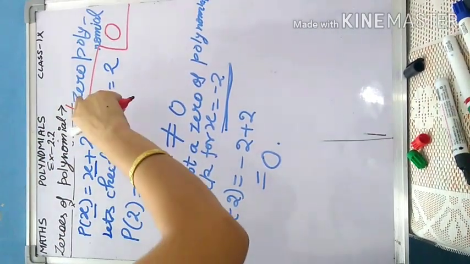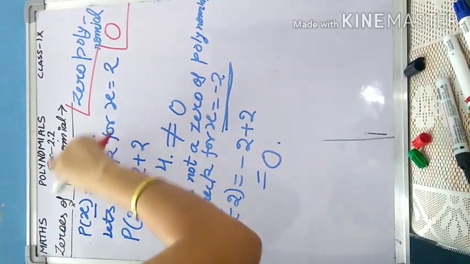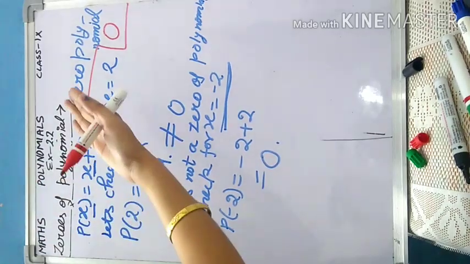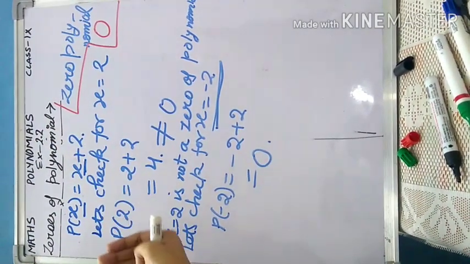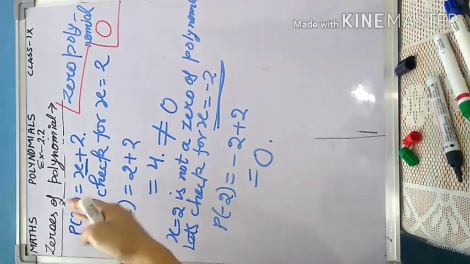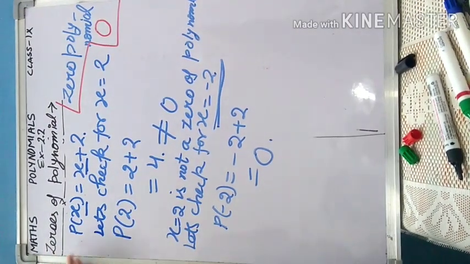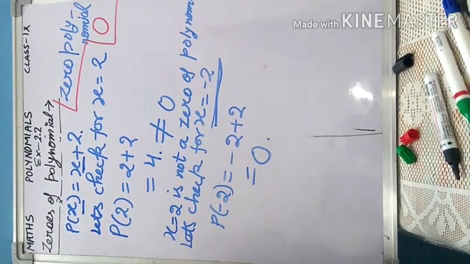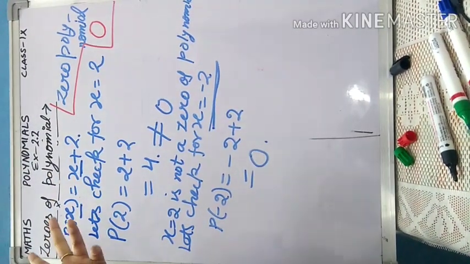Don't get confused. Whenever we are talking about the zero polynomial, it is 0. But when we are trying to find the zeros of a polynomial, for a polynomial we try to find that value of the variable for which the value of the whole polynomial becomes 0, that is why we call them zeros. And since there can be more than one, there may be more than one value for one polynomial. That's why we say zeros.